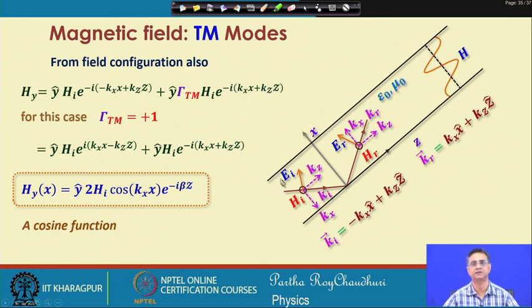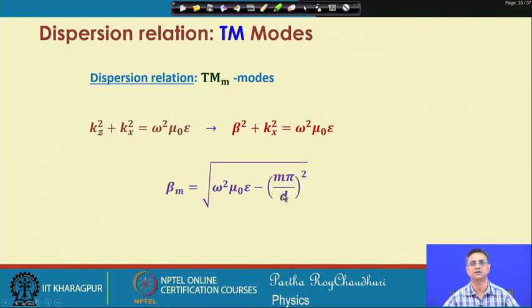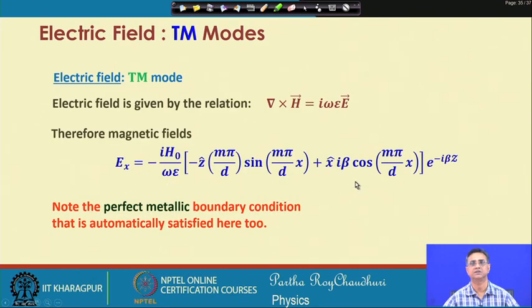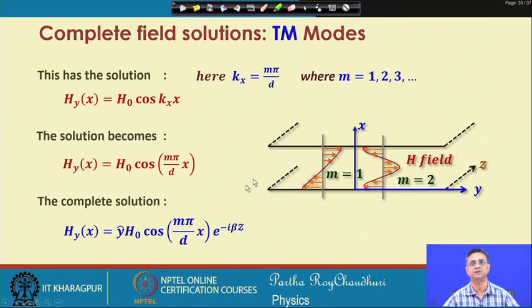One is forward propagating, that is x positive, another is x negative, and in this case for the magnetic field this tau for TM is equal to +1. So, if I plug in this value of tau, then I can rewrite this equation in this form, which will lead to this form of the equation. So, this is again a cosine function for Hx. That is what we have seen earlier also, that the Hx field is a cosine function.